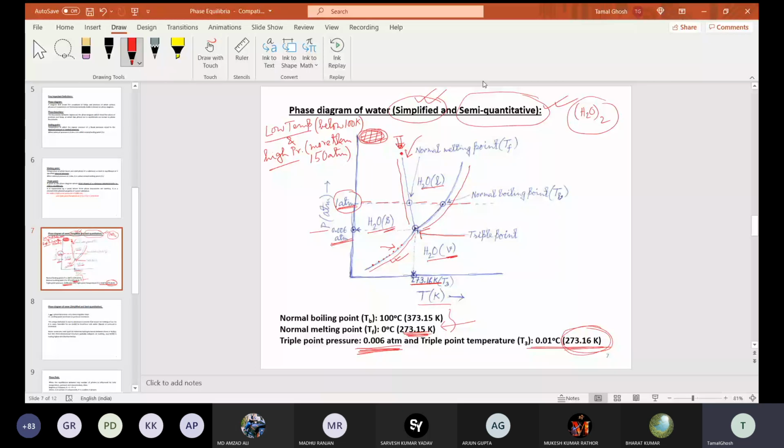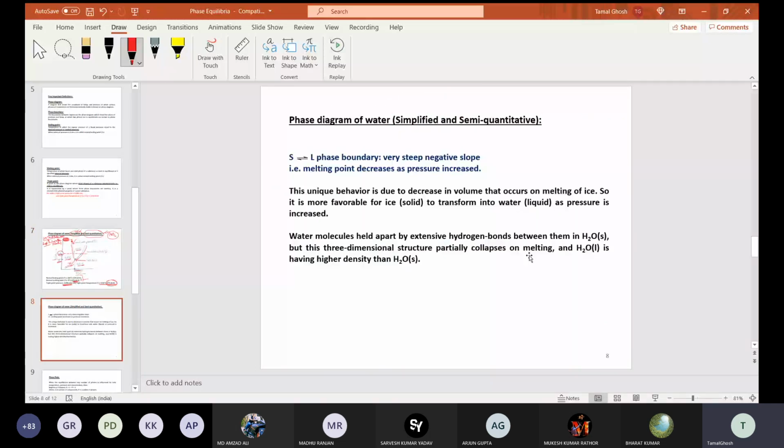Now, the thing is, this solid liquid phase boundary is having a very steep negative slope. So how to explain this fact? Now, if somebody wants to consider this fact, he or she has to remember the structure of the water molecule, which is V-shaped. But if you are considering the lone pairs that are existing on this central oxygen atom together with the bond pairs, then this picture will be much clearer and much easier to understand.